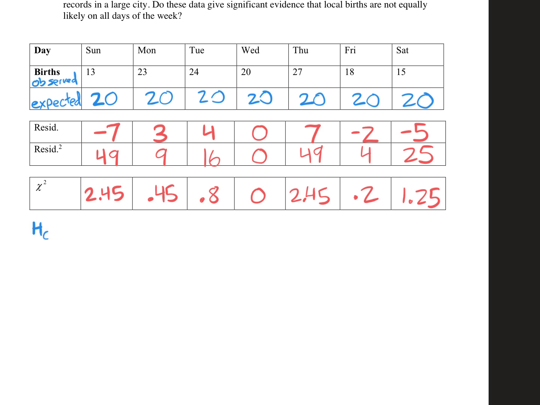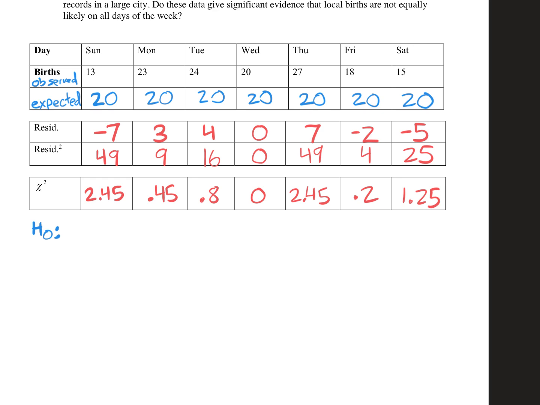So we start with our hypotheses. Remember, your H0 is a sentence about the distribution, matching. So if we read the question, they ask if local births are not equally likely on all days of the week. Now, when they include the word not, that implies that it does not match.